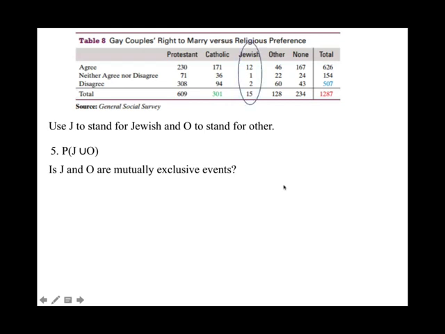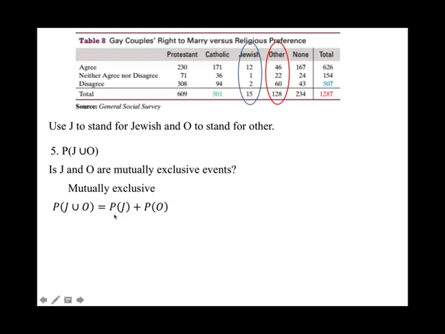Jurors is going to be here, other is going to be here. Do they have an intersection or are they disjoint? They don't have any intersection, right? This is disjoint, so this is going to be a mutually exclusive event. When we apply the addition, we just need to add up these two.